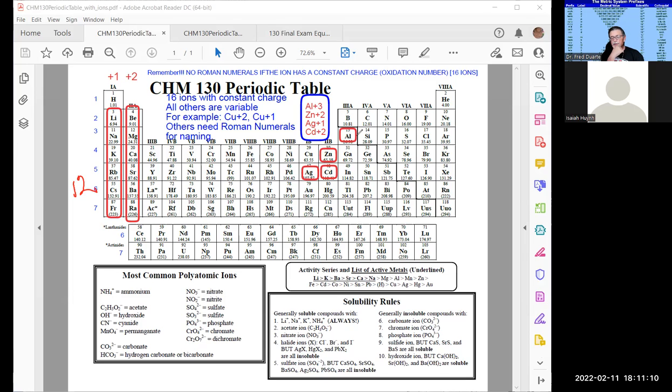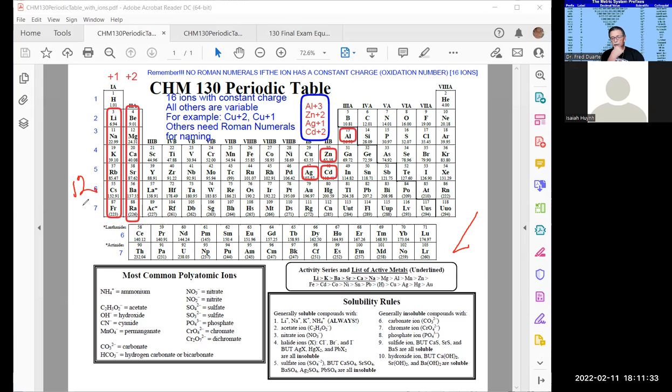I got aluminum here, and then zinc, and then we go on that angle to the left, zinc followed by Ag, which is silver, and then we kind of make a right turn there, go back to Cd, that's cadmium, okay? That kind of shape helps you remember which 4 of these.